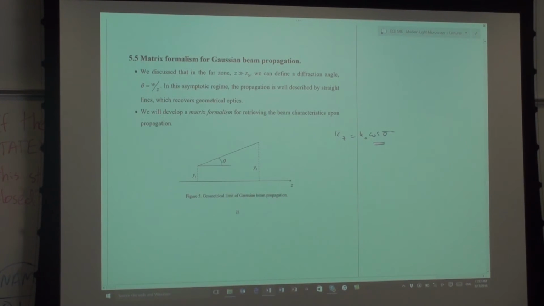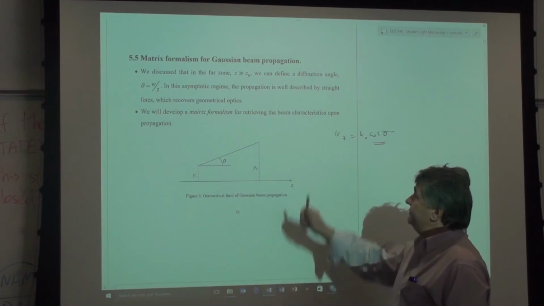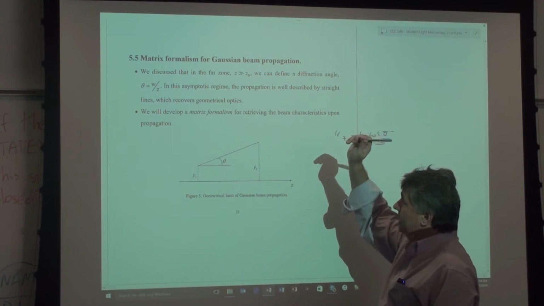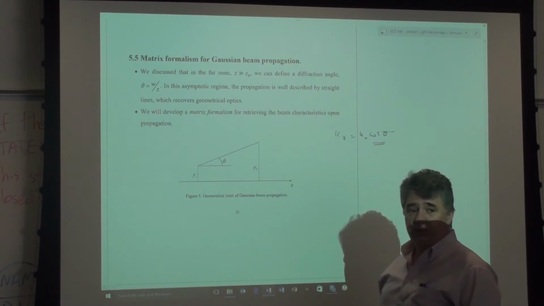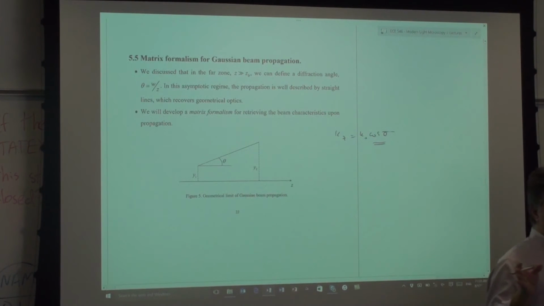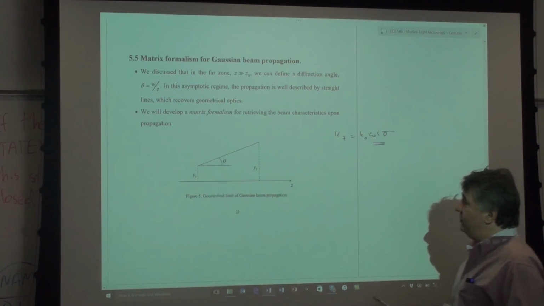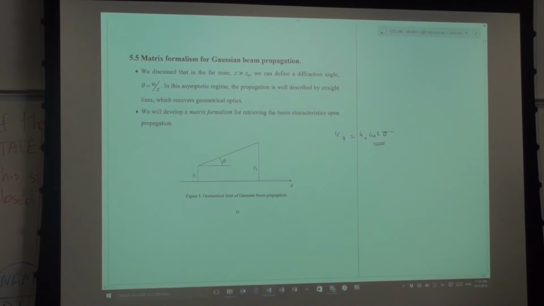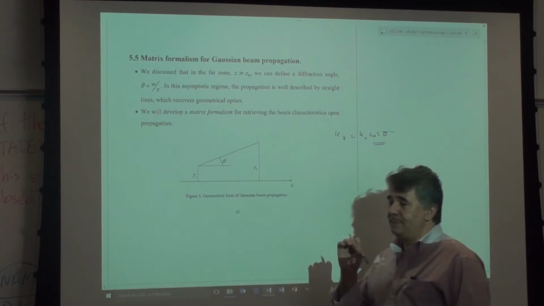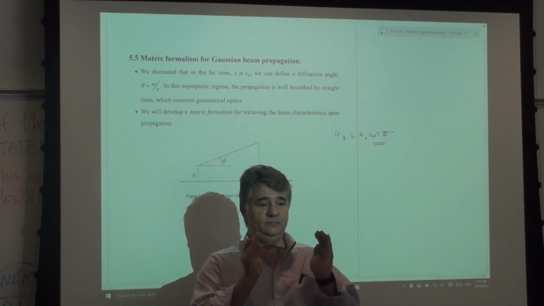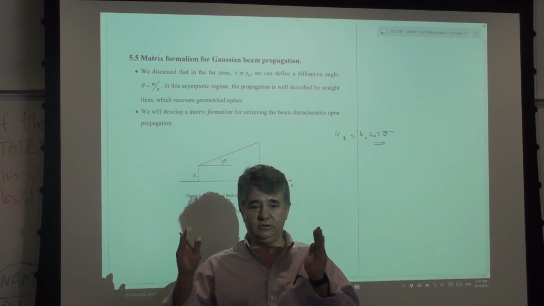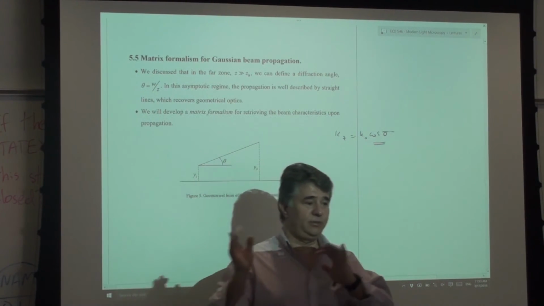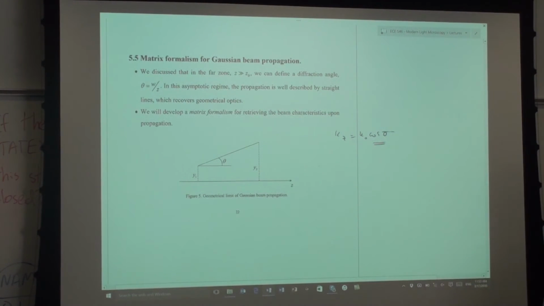So we are going to define a matrix formalism for geometrical optics for small angle approximation of wave propagation. We did this formalism back in ECE 460, but I'm going to review it here. It's the same matrix formalism that gives you the ray propagation in geometrical optics. Those same matrices apply just as well to Gaussian beams.